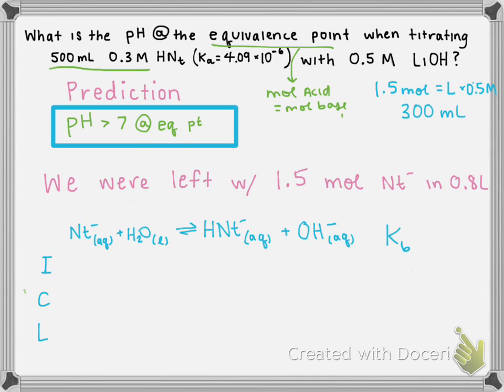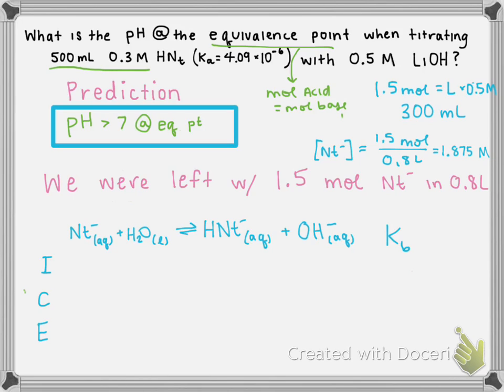And whenever you use an ICE table, we need molarity. And so to get molarity, we'll just go ahead and say moles per liter. So our concentration of NT minus will be that 1.5 moles divided by our 0.8 liters. So our molarity of NT minus is 1.875 molar.